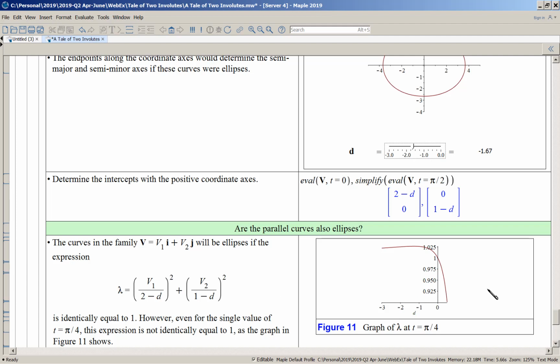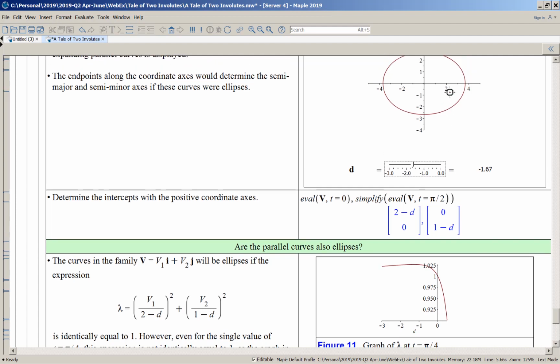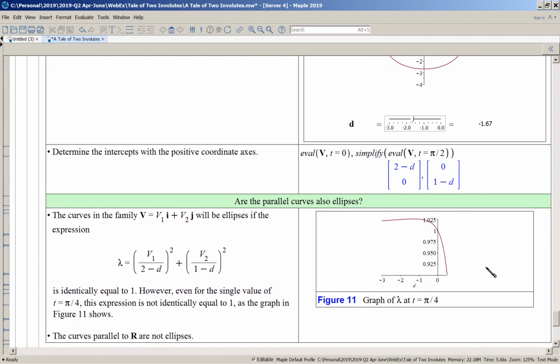Well, this is a mess. This is really a messy thingy. So I graphed it, and I looked at the graph and said, the only way it's one is when d is 0. Okay, so these are not ellipses. I just had to satisfy myself that those things were not ellipses. They're parallel curves. They're not ellipses.